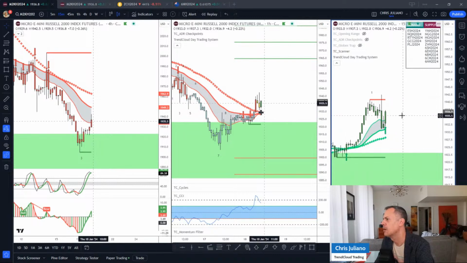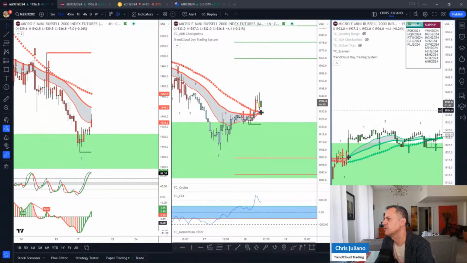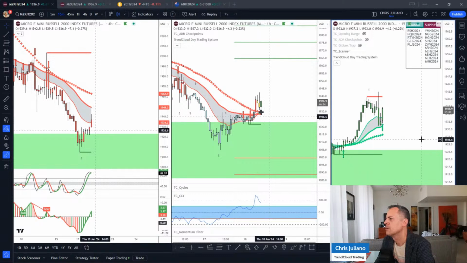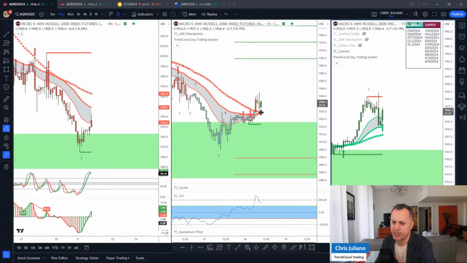So looking good so far, right? Looking good so far. We broke out of that consolidation, okay? And it is 9:13 in the morning, okay? So maybe if we get into this before the open, we'll have something significant.